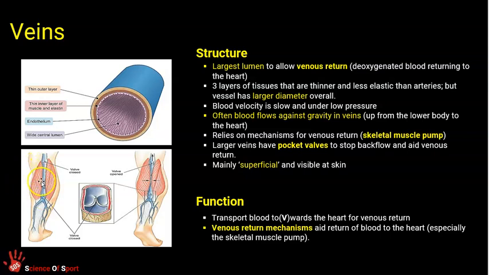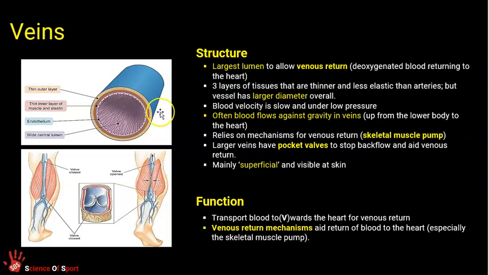Now, when it thickens, basically, it squeezes this vein. So if this gastrocnemius muscle was contracting, it would squeeze, and it shows it on this right side, squeeze the vein. And the blood inside that vein would be pushed upwards.